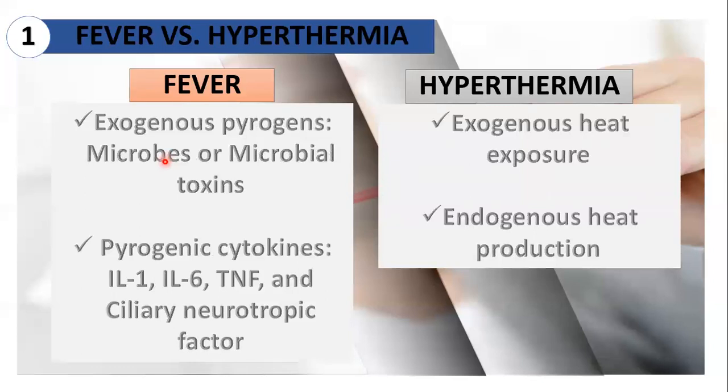It could be the microbes or the toxins produced by them, while endogenous pyrogens that are now termed as pyrogenic cytokines are the following: interleukin 1, interleukin 6, tumor necrosis factor, and ciliary neurotropic factor. Hyperthermia, like what I said, is determined more by the environment via exogenous heat exposure and also endogenous heat production. Like, for example, work or exercise in a hot environment can produce heat faster than peripheral mechanisms can lose it.